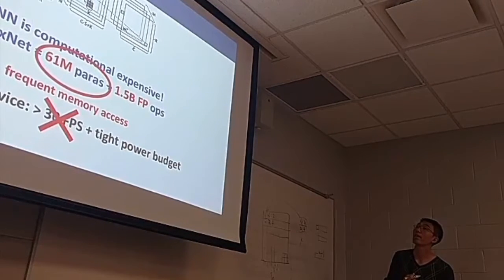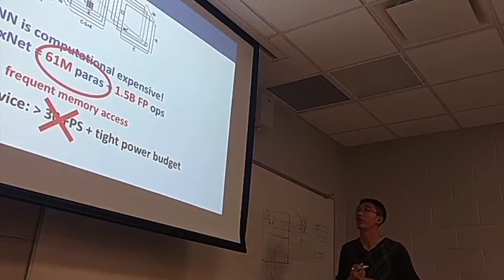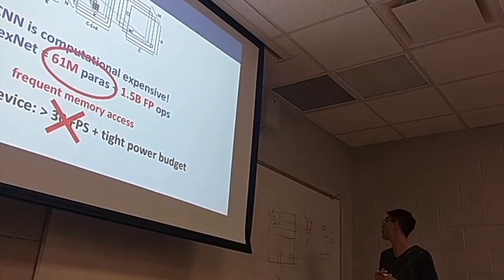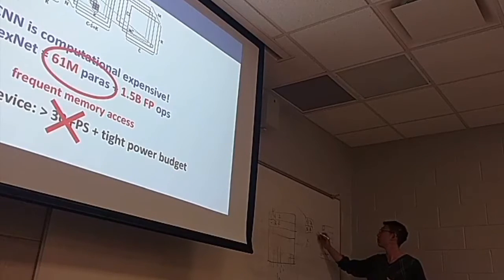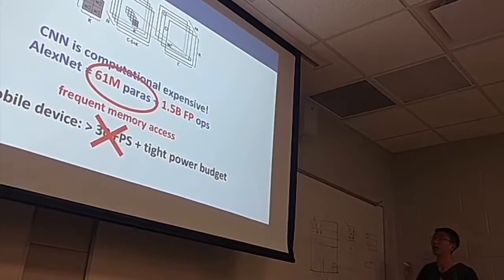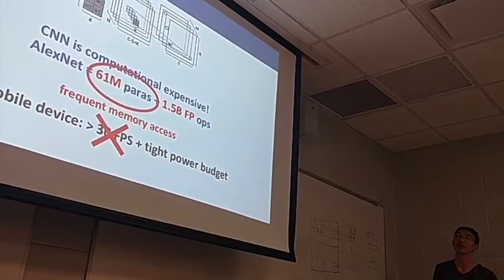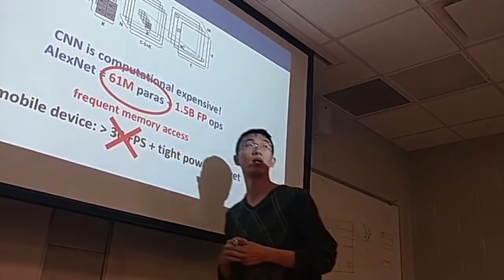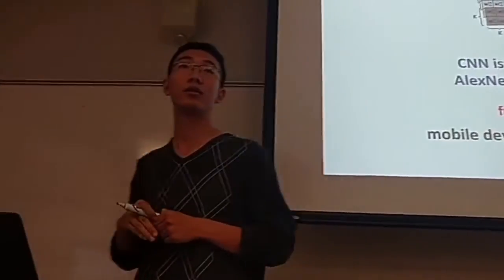So for us, this 1.5 billion floating point operations means how many multiply and add operations you do. Does anyone have a question?